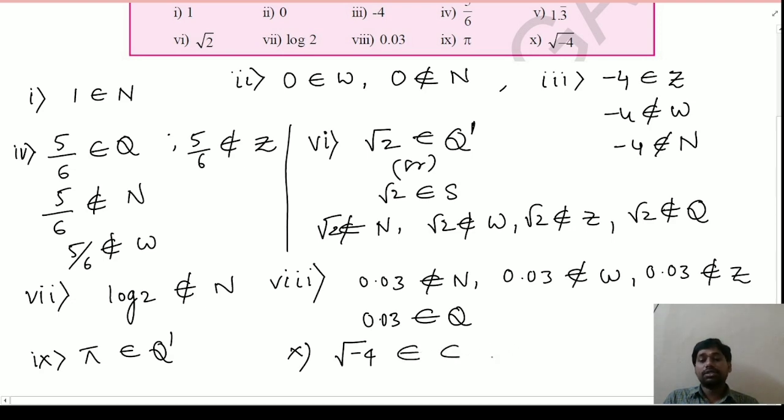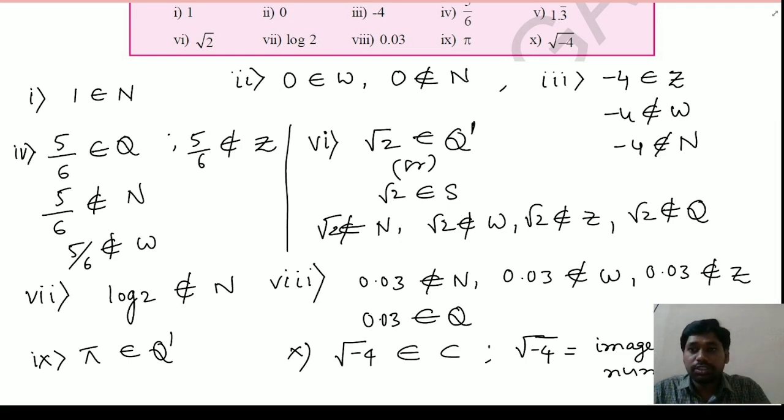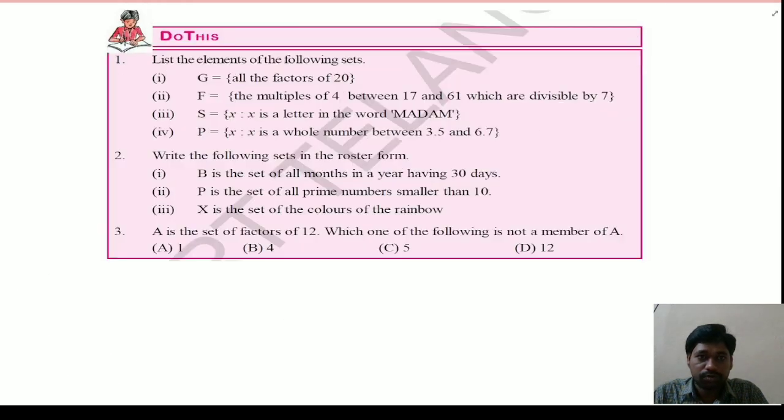Complex is nothing but an imaginary number. The square root of a negative number is called an imaginary number. Imaginary numbers are nothing but complex numbers. So for the remaining sets, the representations, you can write them. I hope you understood. Next question.